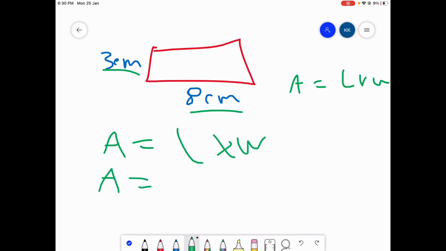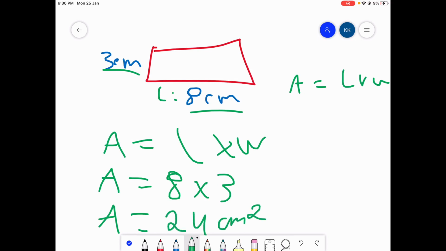A equals 8 times 3, which is 24 centimeters squared. So this is our formula for the rectangle.